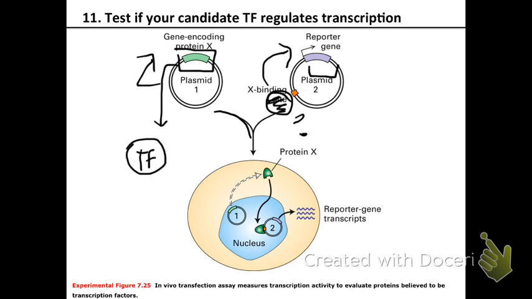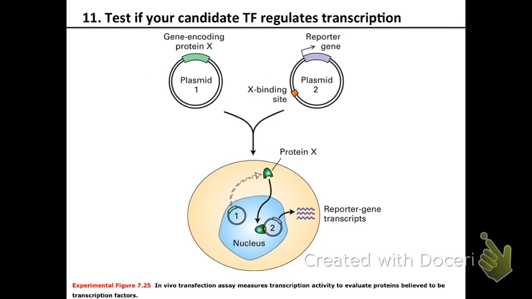Now, if you transfect your cells with both of these plasmids, they're going to go into the nucleus and make your protein. And if your protein binds to the regulatory sequences in your reporter plasmid, then you're going to see the expression of the reporter gene, right? Does this make sense so far? Any questions?